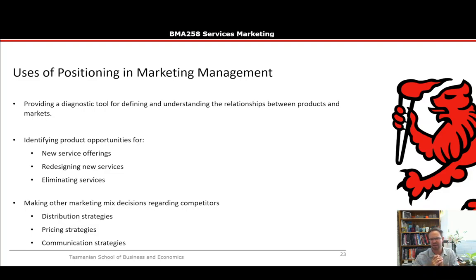Sometimes our positioning uses other positioning variables, so we need to consider how pricing is going to affect that as well in our pricing strategies. And then also communication strategies. So that's just 3 examples. Of course, we've got 7 elements in our extended marketing mix, so we've got to consider all of those and how they relate back to our positioning.